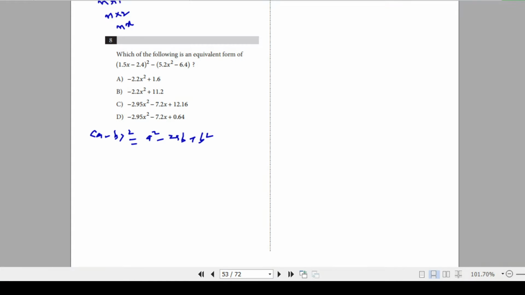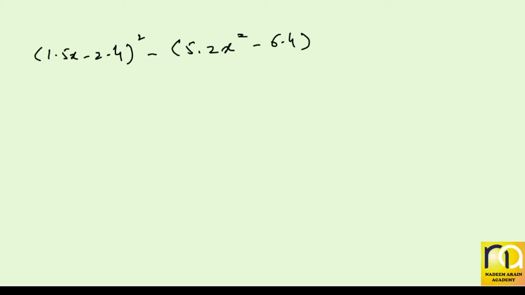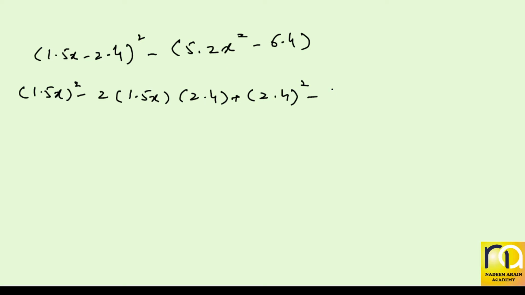You can see it: (1.5x minus 2.4) whole squared minus 5.2x squared minus 6. Alright, (A minus B) whole squared is A squared minus 2AB plus B squared. Minus, this will be negative 5.2x squared, and minus times minus plus 6.4.